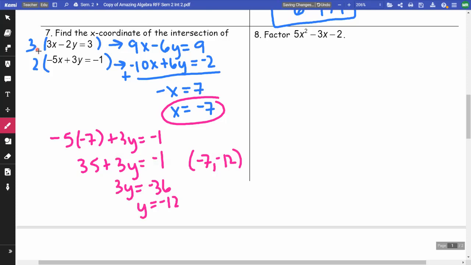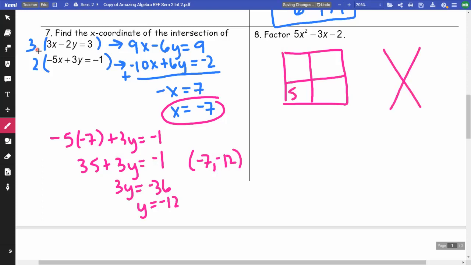Okay, on number 8, I'm going to factor. So we can do a box to diamond. So I'm going to put my 5x squared here and my negative 2 here. Those multiply to a negative 10x squared and have to add to this negative 3x here. And so what multiplies to negative 10x squared and adds to a negative 3x? Well, that's going to be a negative 5x and a positive 2x.